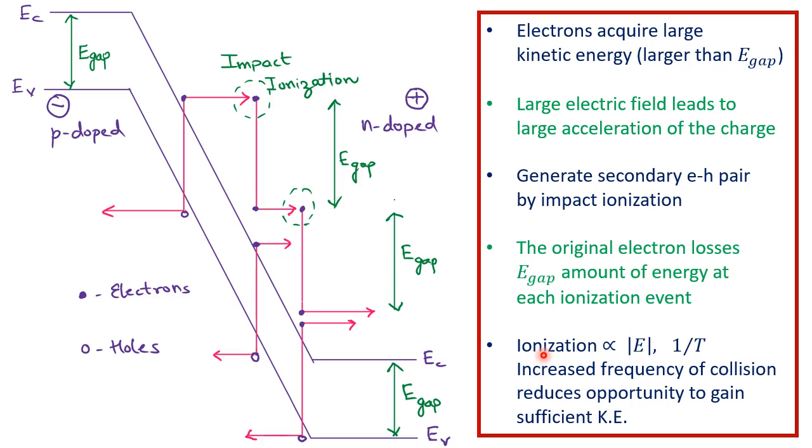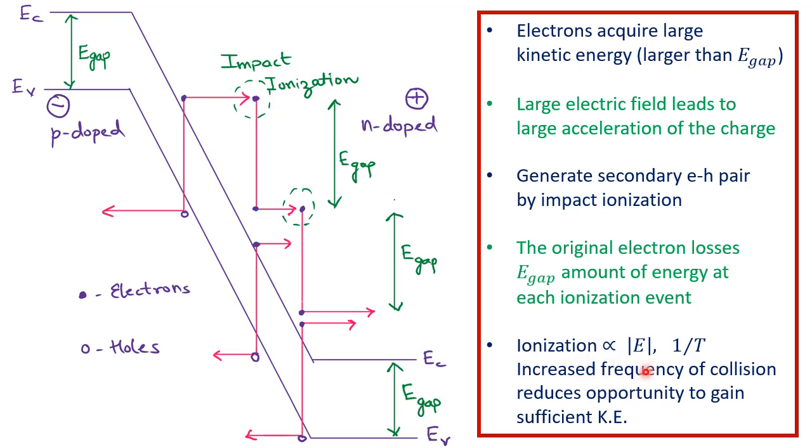The very important features are here. The impact ionization clearly is proportional to the strength of the electric field, of course, and it is also inversely proportional to the temperature of the device. Now, how is that? As you increase the temperature of the device, there is going to be more randomization of the electron motion within the semiconductor, and a greater frequency of scattering or collision.